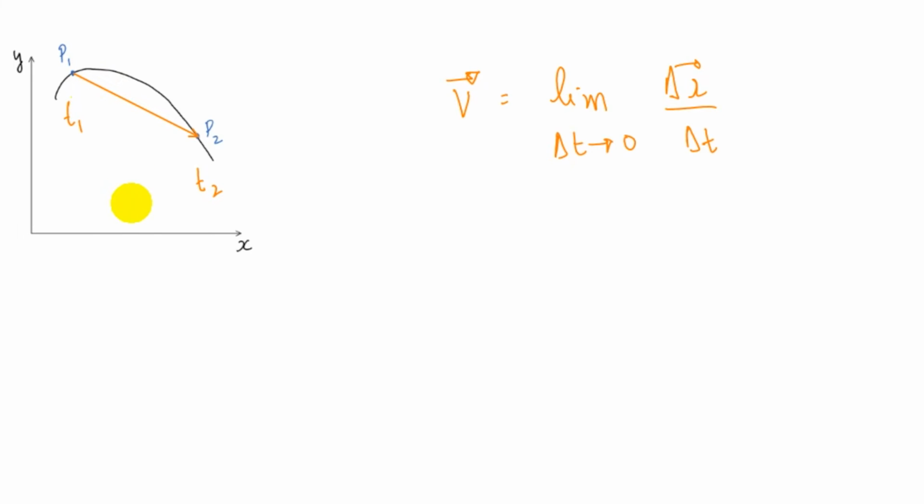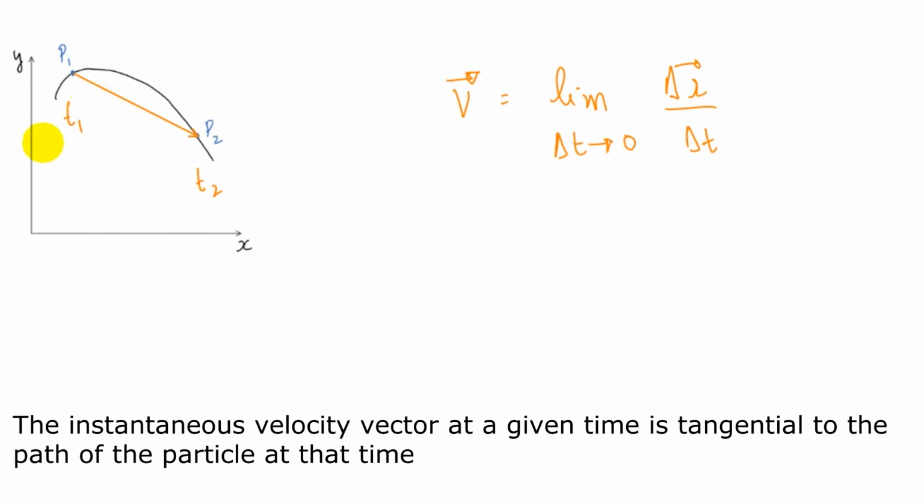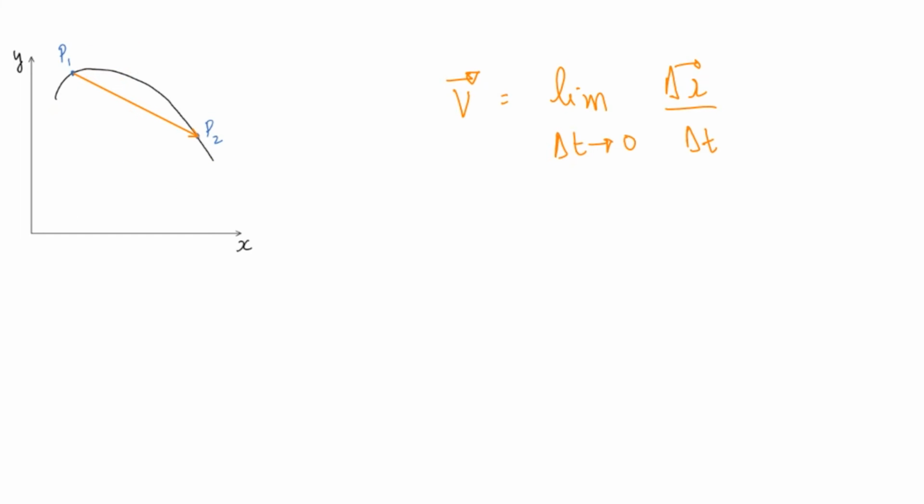The instantaneous velocity vector at a given time is tangential to the path of the particle at that time. So simply we have to make a tangential arrow at that point, and this vector will tell you the direction of the instantaneous velocity.